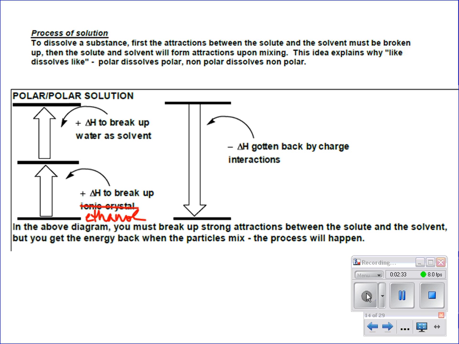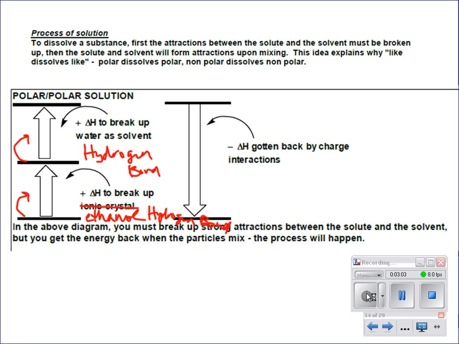That's what these up arrows represent: the amount of energy you have to put into a system to overcome the intermolecular forces. Hydrogen bonding has to be overcome, which takes some energy. Hydrogen bonding here has to be overcome, which takes some energy.